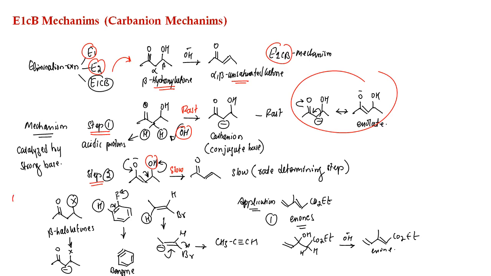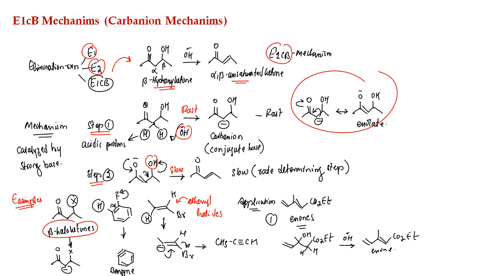Here we have some examples that could act as a good substrate for E1cb mechanism. We can have a beta haloketone, we can have a fluorobenzene, similarly we can have an alkenyl halide.